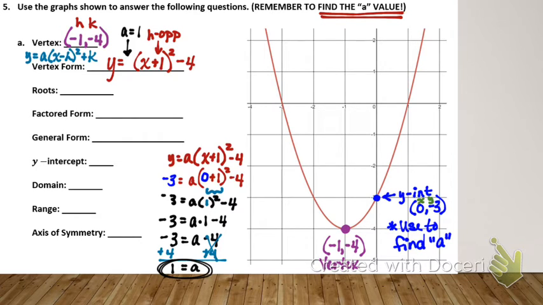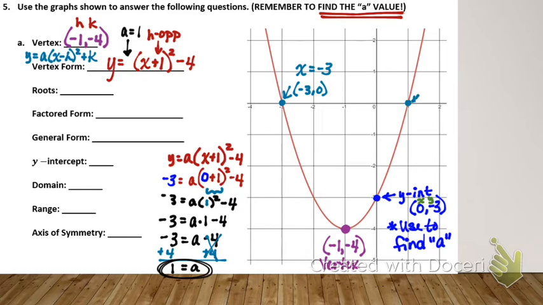Let's do the roots in the factored form. Where are my roots? -3 and 1. Yep. Over here, that's the ordered pair -3, 0. So we have x equals -3.